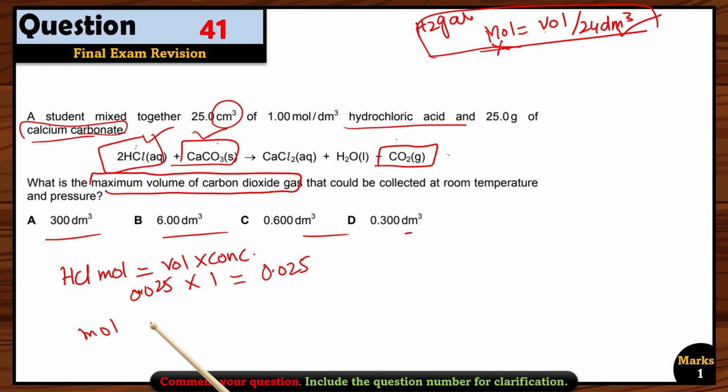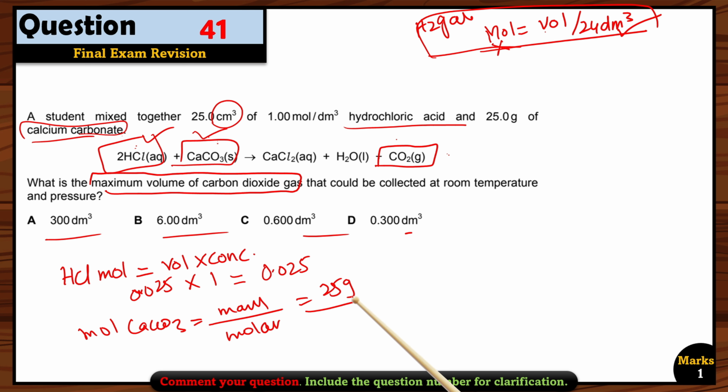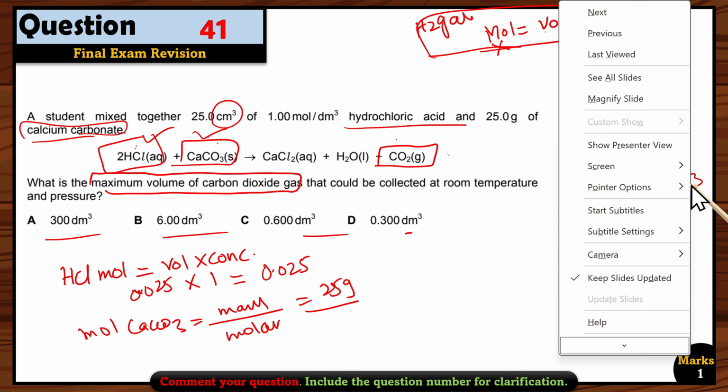Now let's find the moles for the calcium carbonate. For moles of calcium carbonate, we use mass divided by molar mass, right? The mass we are already given is 25 gram. And what about the molar mass of calcium carbonate? That is 40 plus carbon is 12, right? And for CaCO3, oxygen is 16 times 3.